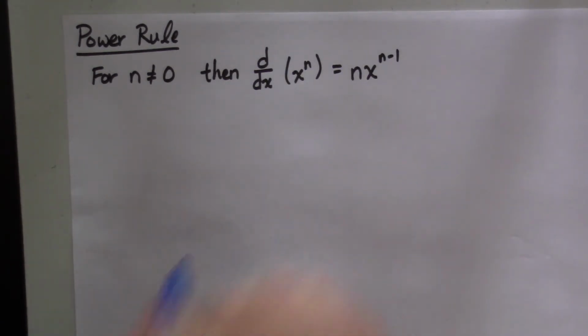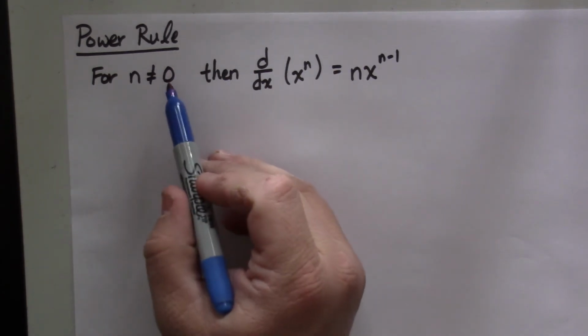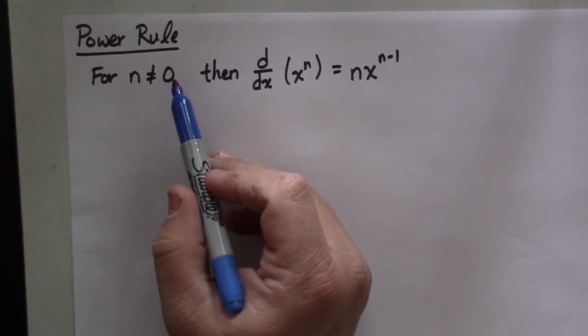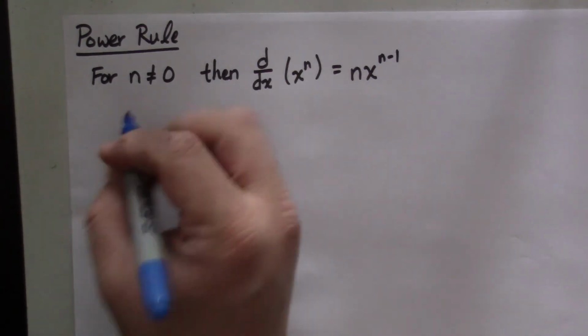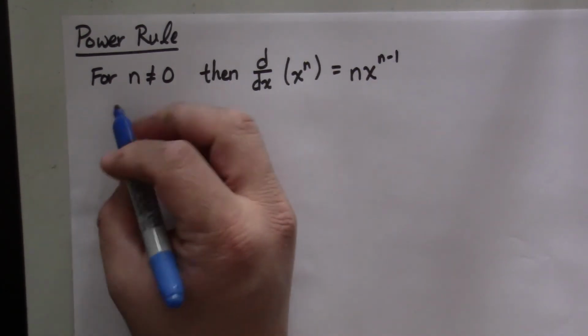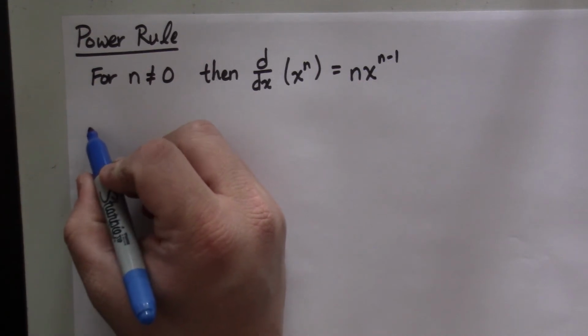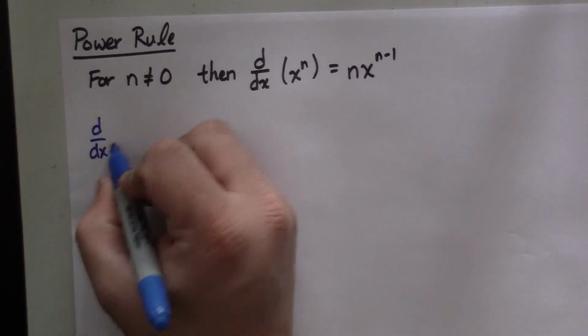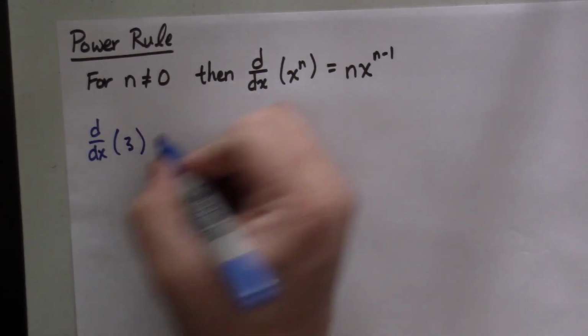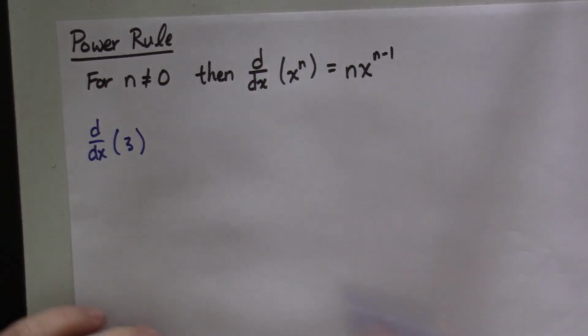Before I go too far, I do actually want to talk about what happens when the exponent is 0, because I think that is important for us to see. So this example, which I think is somewhere around the neighborhood of example 4, is going to be d dx of 3. So just the number 3.